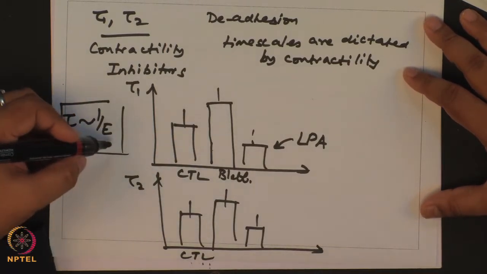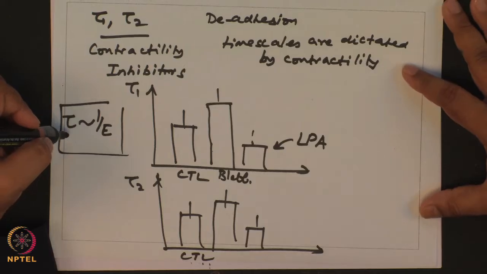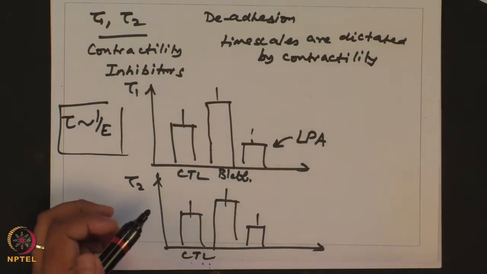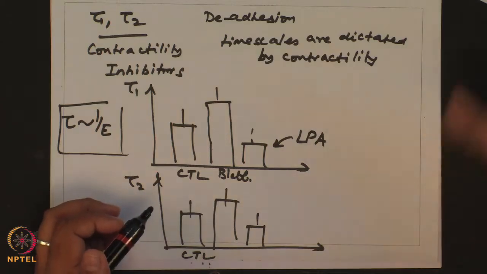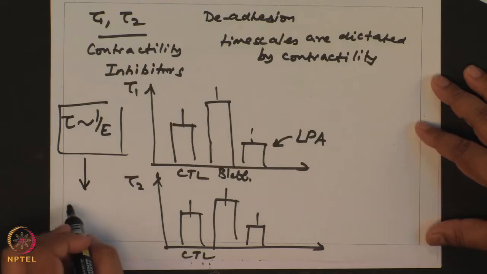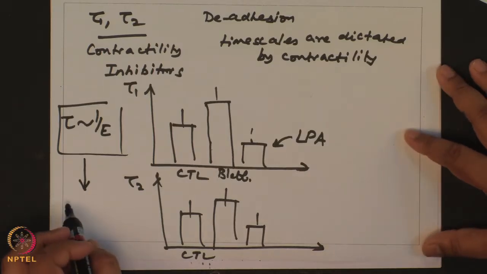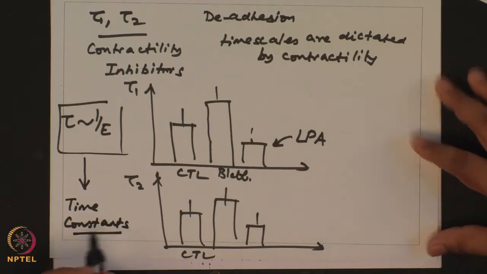So, for a cell which is stiffer and more contractile, its de-adhesion time scale will be lower. So, this is a very simple assay based on which you can estimate how much is the contractility. One of the caveats is you are estimating contractility indirectly in terms of time constants and not in terms of actual amount of forces exerted by the cells.